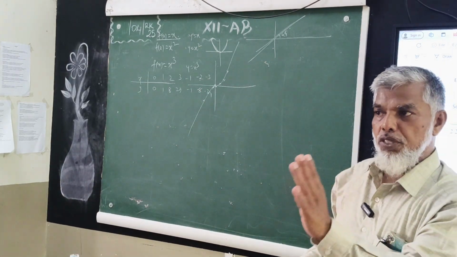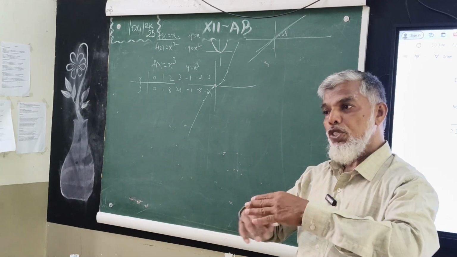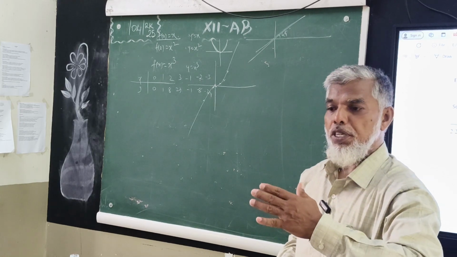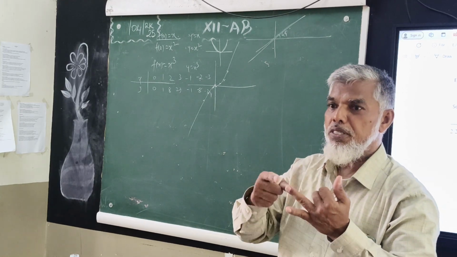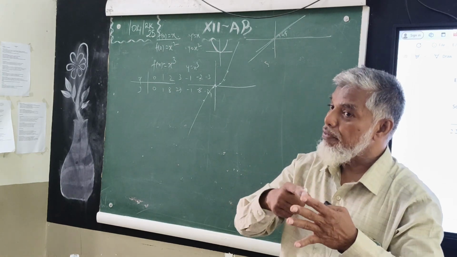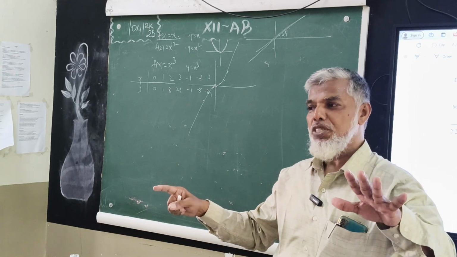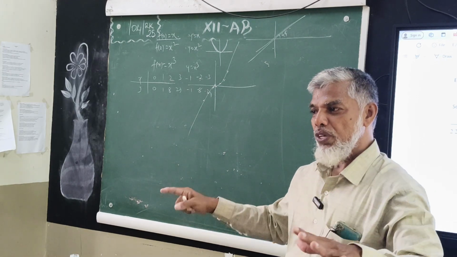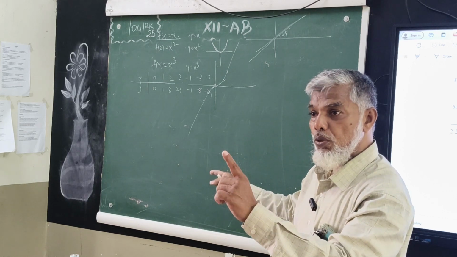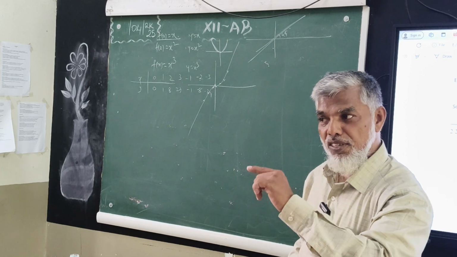Whenever a function is given, first try to understand what the graph of the function is. Once you identify the graph of a function, you can tell me all: the maximum value, the minimum value, the points of inflection, whether it is convex or concave, all based on derivatives. f of x equal to x cube has a point of inflection at x equal to 0.